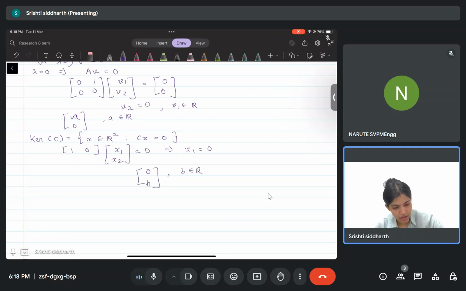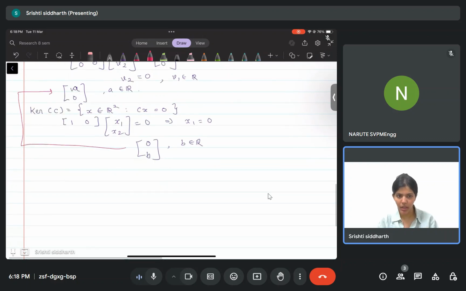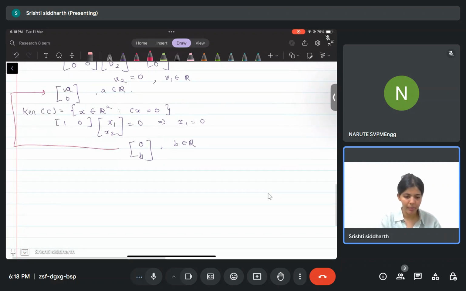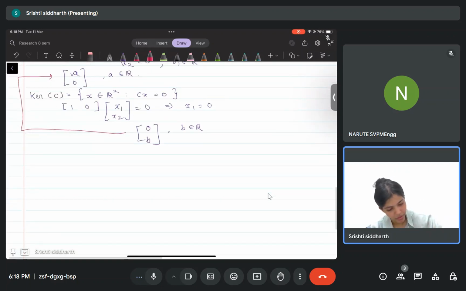So you can see that this is completely different from the eigenvectors of A. Therefore, there can be no eigenvector of A which lies in the kernel of C. Therefore, the pair C, A is observable. I hope this question was clear to you. Now let's move on to the next one. We have a third order system.